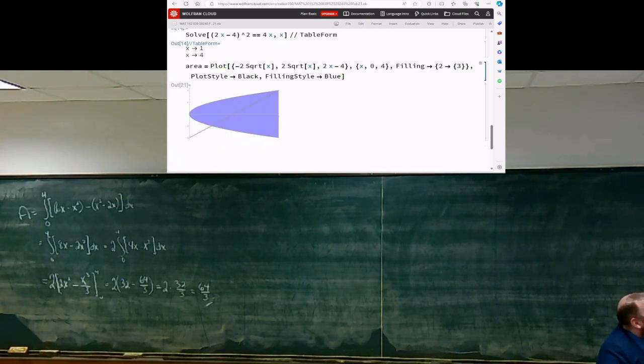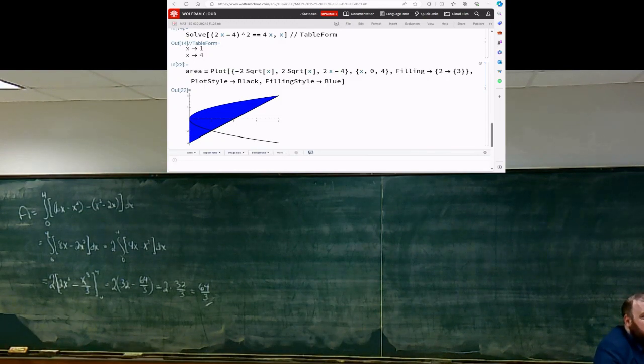And then 2 to 3. We get that, which none of them is what we're looking for. This is because we actually have 2 regions.